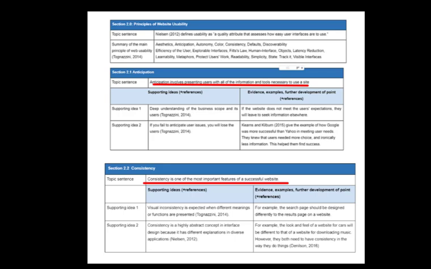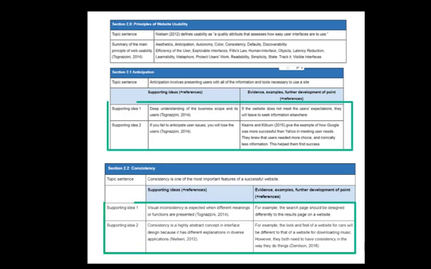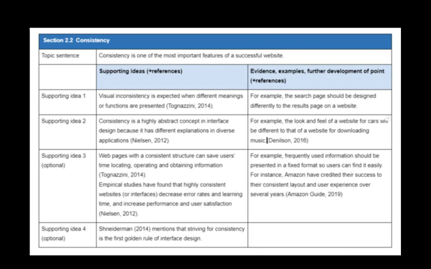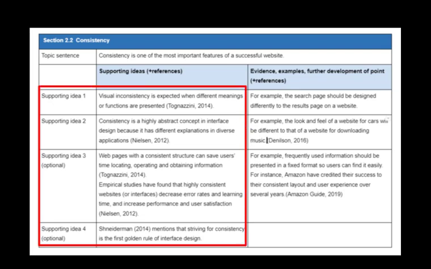Then below, the student has included a number of supporting points to help the reader understand the aspects of the theory they want to explain. Here, we can see that the student has come up with 4 supporting points, and each of these points has a reference. This shows the supporting ideas are supported by research and are not just the student's ideas or opinions.